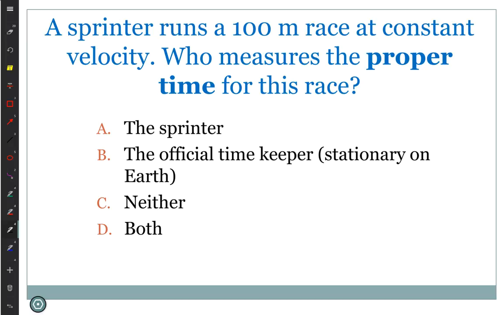Let's move to our first clicker question. A sprinter runs a 100-meter race at a constant velocity, which means same direction, same speed. Who measures the proper time for this race? Is it going to be the sprinter, the official timekeeper, neither, or both? Right now, we have one for everything.